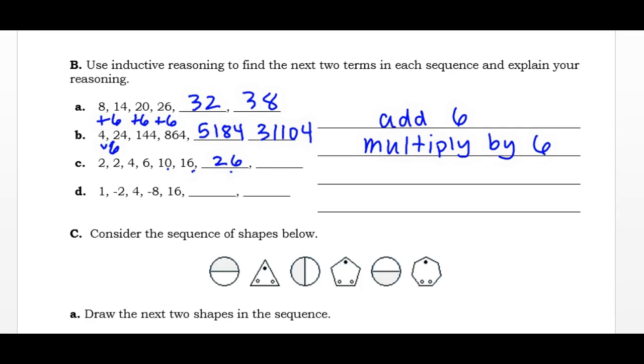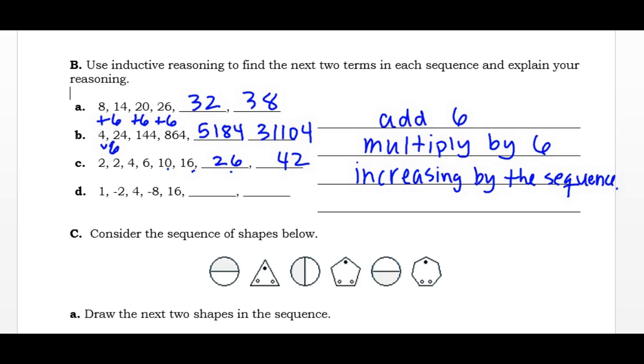And then 16 plus 26, that'd be 42. So it's increasing by the sequence, if that makes sense. I'm just basically adding the numbers that are already in the sequence to get more numbers to continue the sequence.